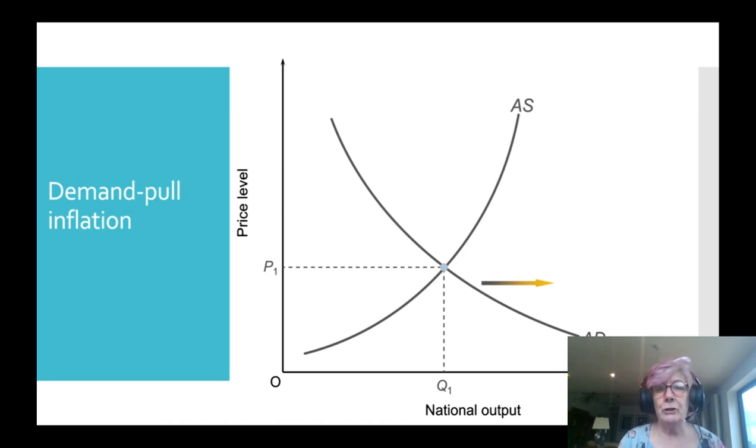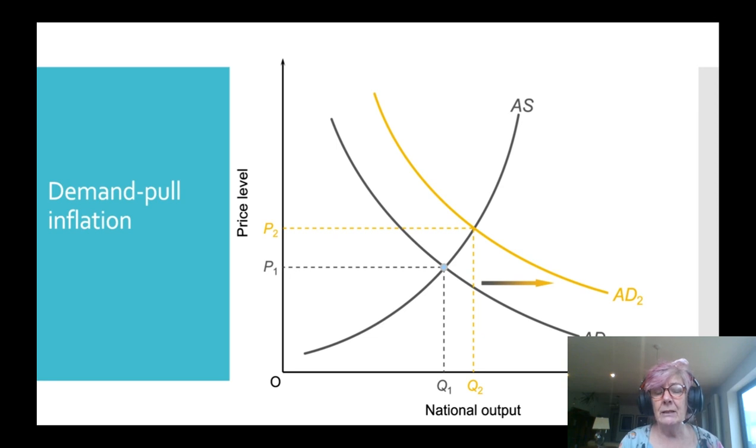So let's say that maybe consumer spending increases and perhaps investment spending increases as well. It could be any of those components of aggregate demand increasing. That will cause the whole aggregate demand curve to shift to the right because more is being demanded at every price.